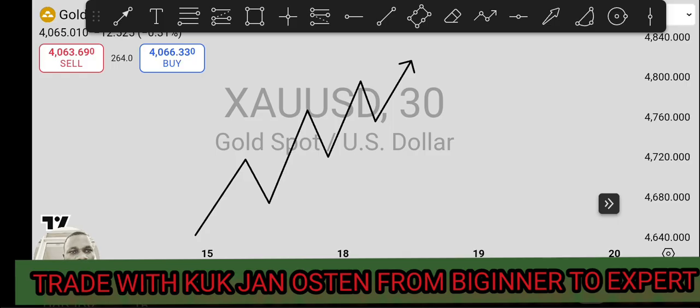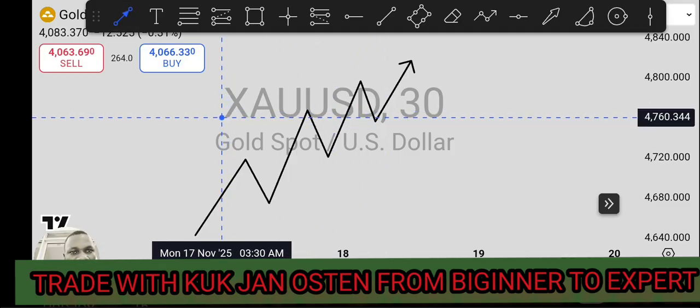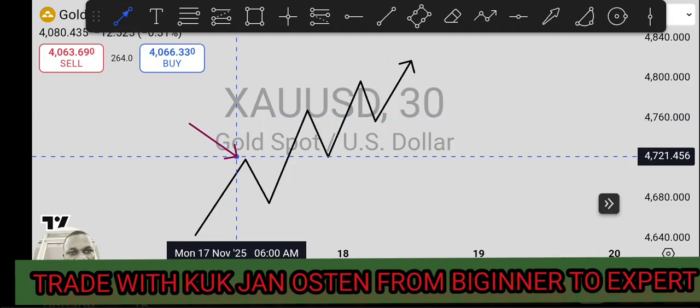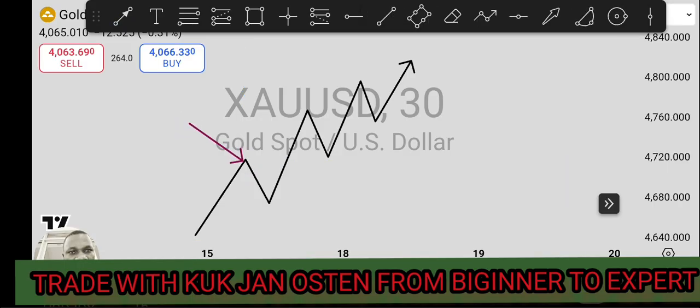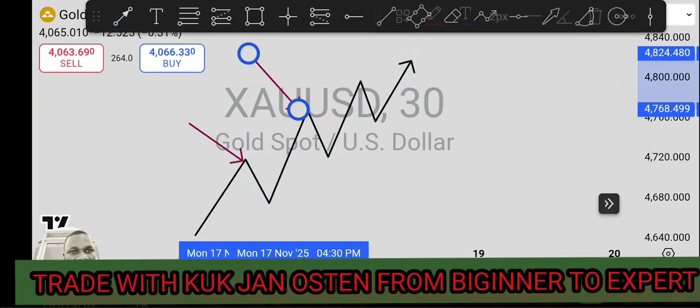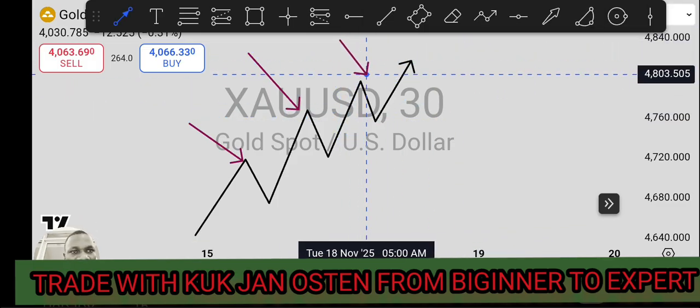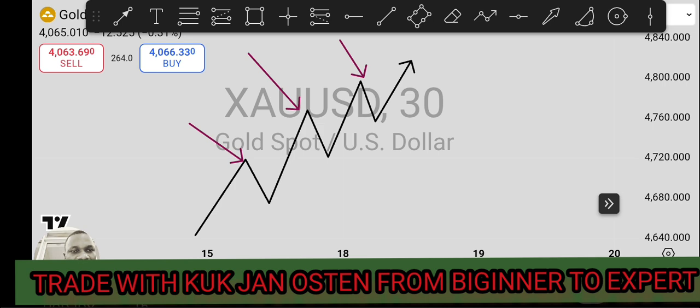At these points we have higher highs, another higher high, and another higher high. All these points are higher highs.